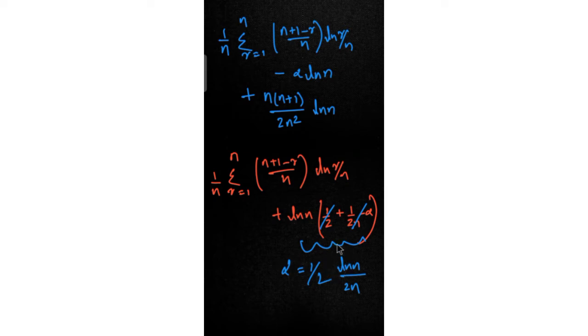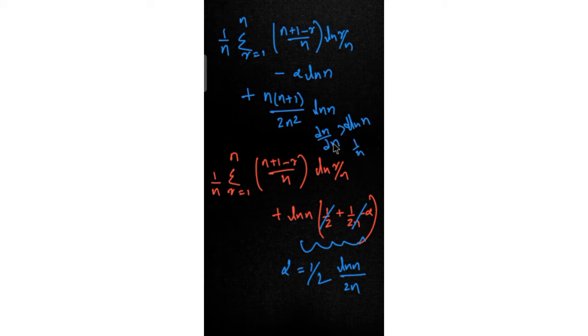Because as n tends to infinity, we know that the increase of ln n compared to n is less. The derivative of n with respect to n is greater than the derivative of ln n, which you can find to be 1 by n.